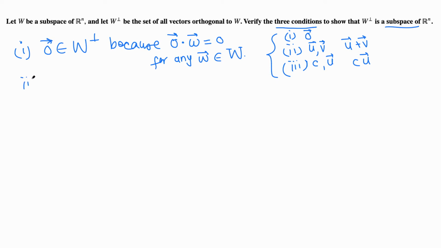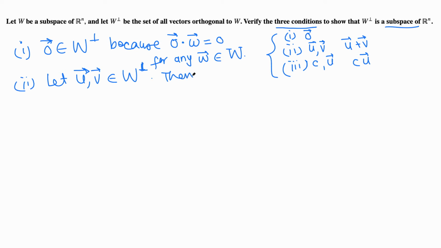Now 2, we take two elements from W perp and show their sum is also there. Let u and v be in W perp. Then by definition, any element of W dot u is 0, dot v is 0.